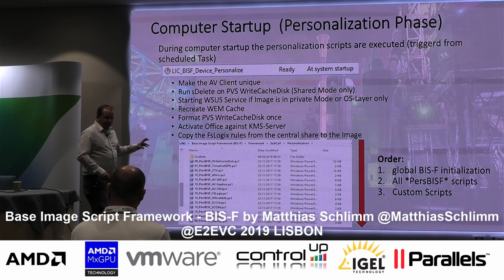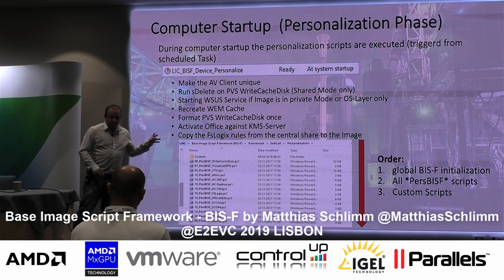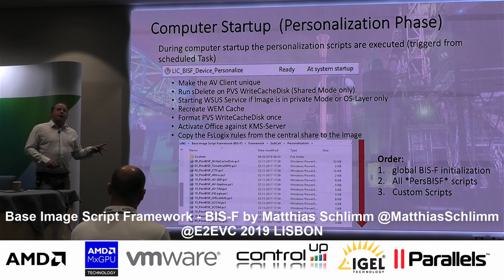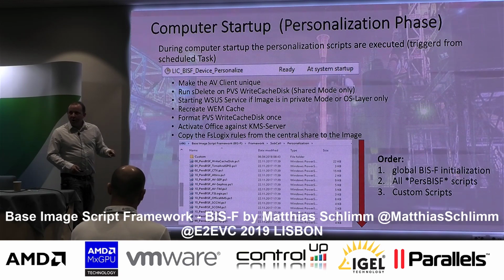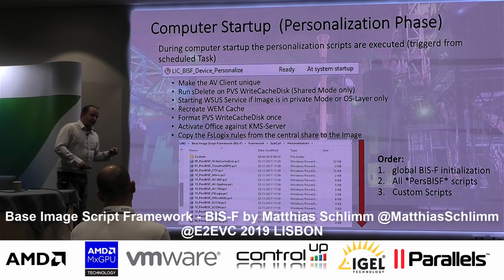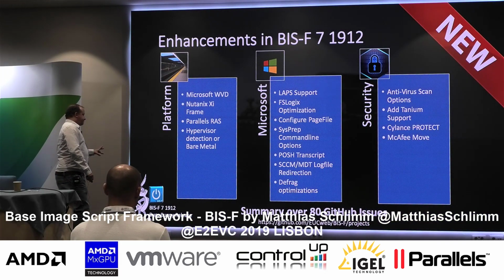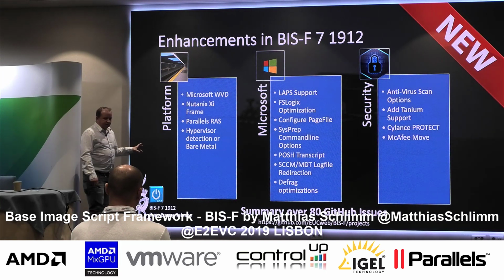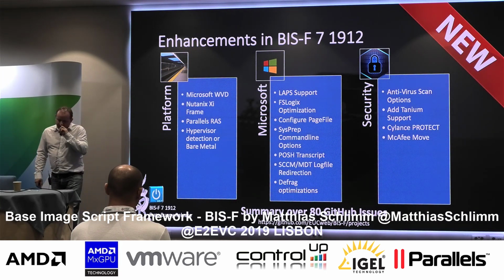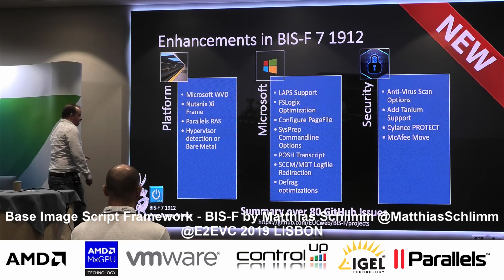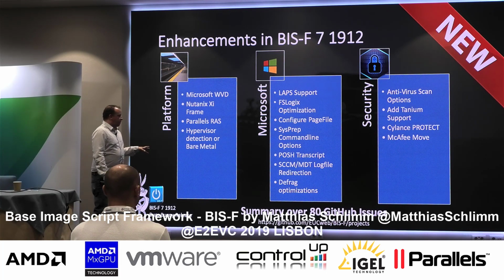So this was our first preview of the 6.1.3, what happens now in the 6.1.3, and now what happens with the completely new version, the Bugs Bunny release 7.19.12, that would be released soon. So we have these functionalities in this current release. That means we have added WVD, Scale-Frame, Parallels, and also the hypervisor detection.